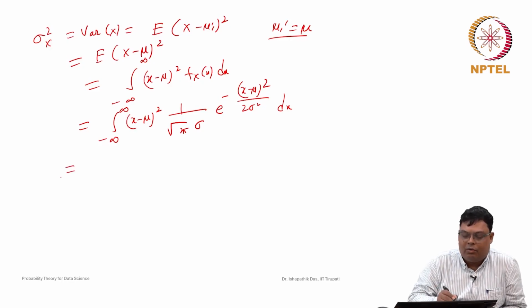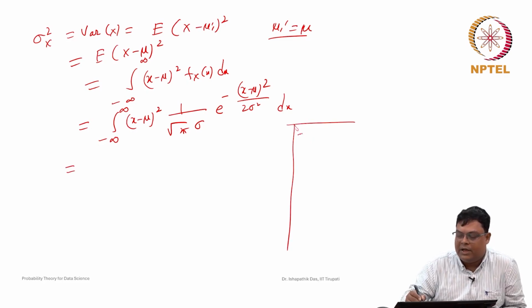So, let us do the same transformation again. The transformation z is equal to x minus mu by sigma, which implies x is equal to sigma z plus mu, and dx is equal to sigma dz.